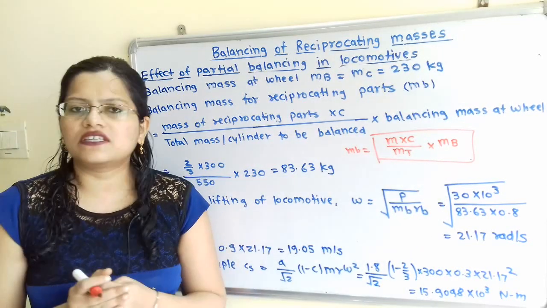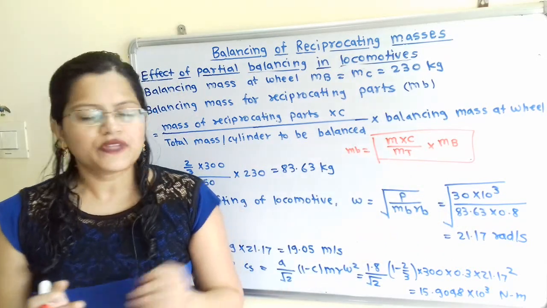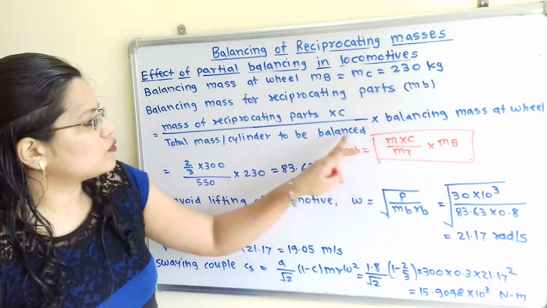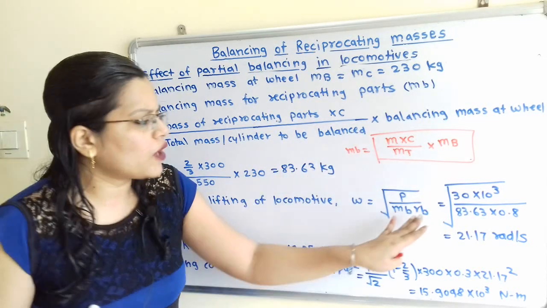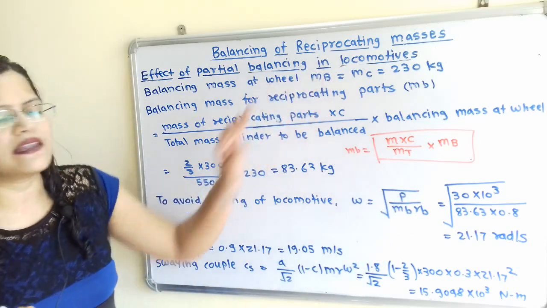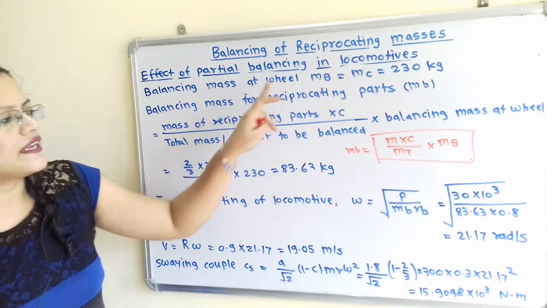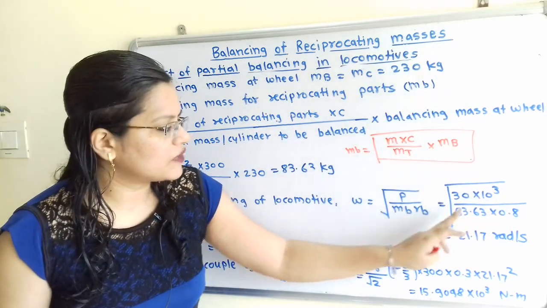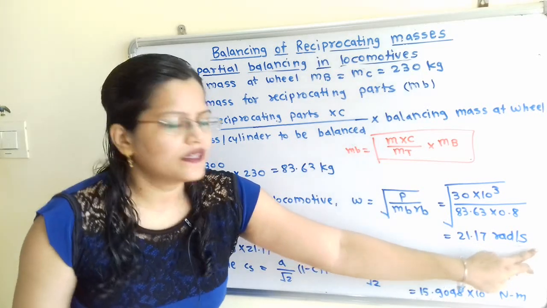We convert it into the standard unit, 30 into 10 raised to 3 newton, divided by MB RB. MB is equal to 83.63, and RB is the radius of the balancing mass for this wheel, which is given as 0.8 meter. When we calculate this, the answer is 21.17 rad per second.